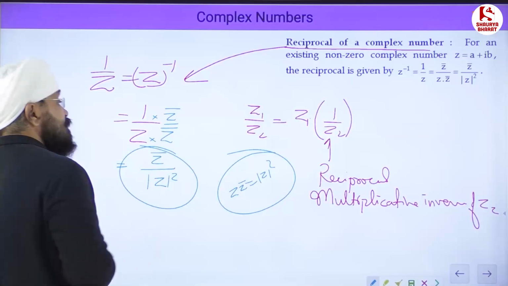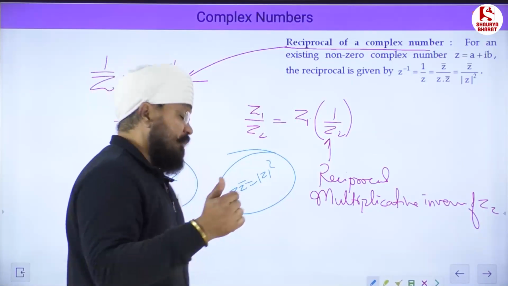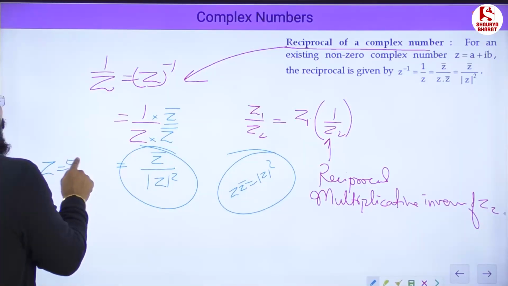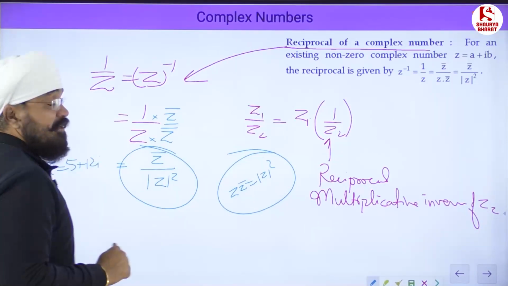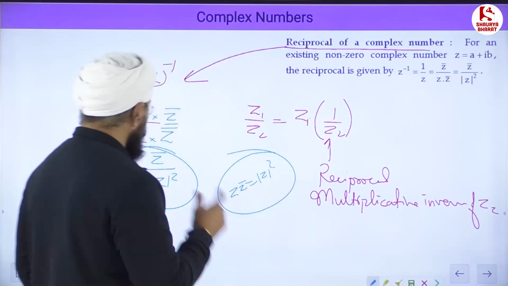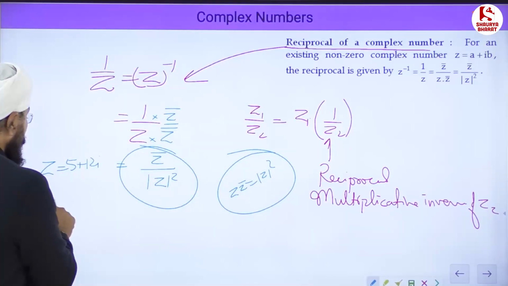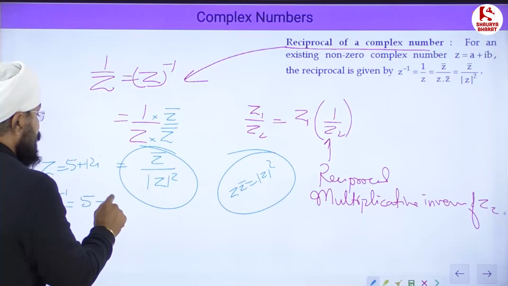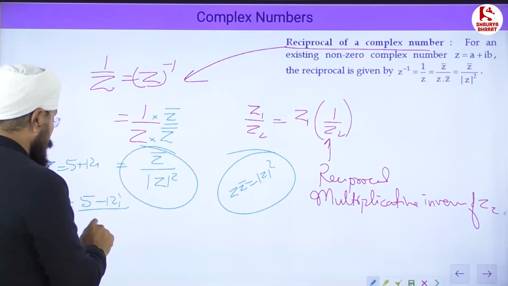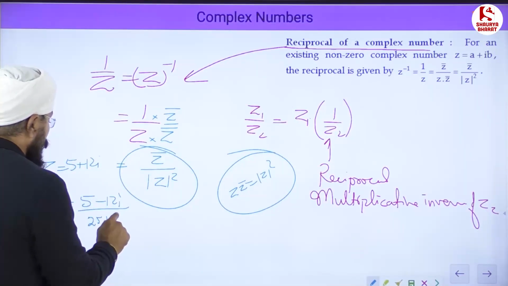So do remember this property, because for a few small questions, suppose I ask you, there is a complex number given to you, 5 plus 12 iota, write its reciprocal. So the reciprocal can be written very easily. That means I want to find Z to the power minus 1, we will write 5 minus 12 iota whole divided by the square of the magnitude, which is 25 plus 144.